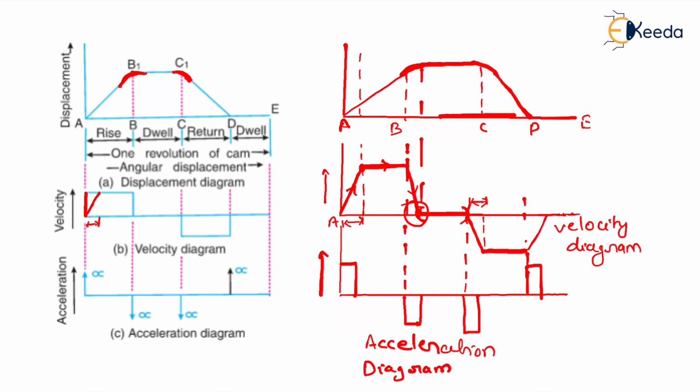As per this change in velocity with respect to time, we can define the value of acceleration. So at each and every point, we can define the value of acceleration for the rise, for the fall and for the dwell period. For all the conditions, we can define the acceleration diagram with the help of change in velocity, and this velocity is changing with respect to a particular time.